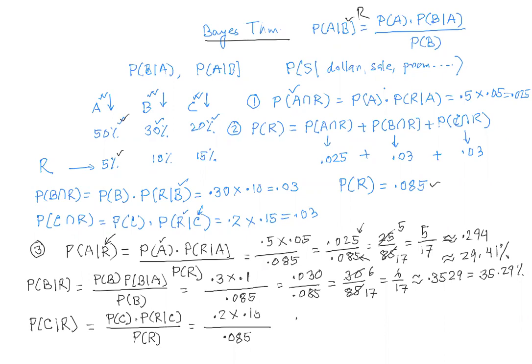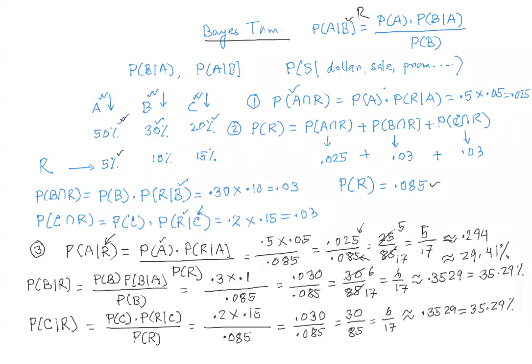There is going to be 0.03, and then I put a 0 to align it, over 0.085. That's going to be equal to 30 over 85. That's going to be 6 over 17 again, which is approximately 0.3529. That is equal to 35.29% approximately. So given that there is a reservation problem, there is a 29% chance, okay?